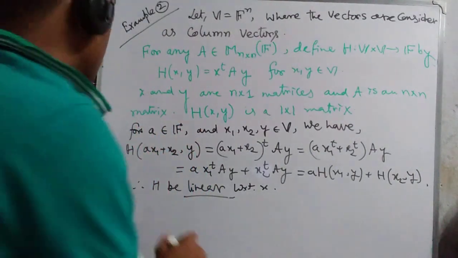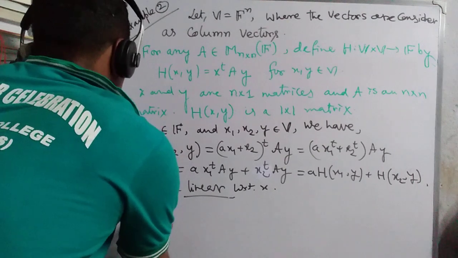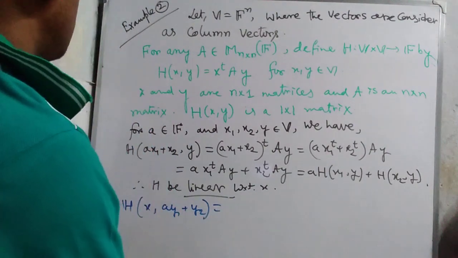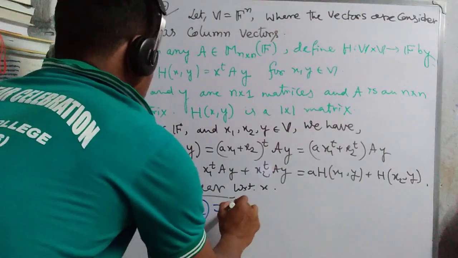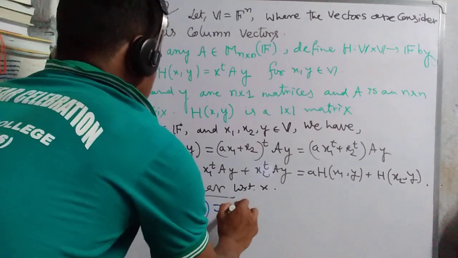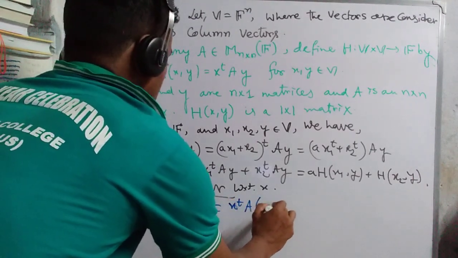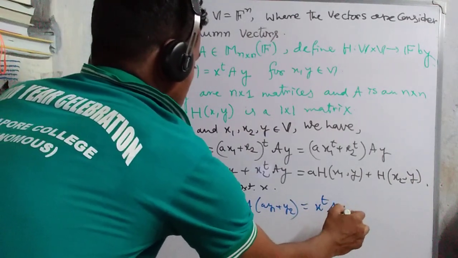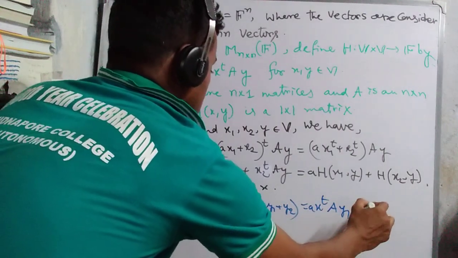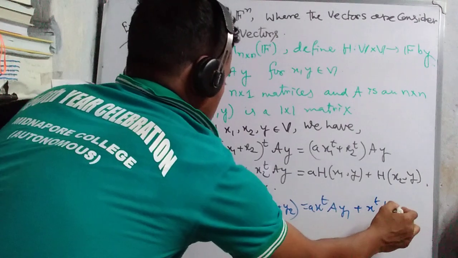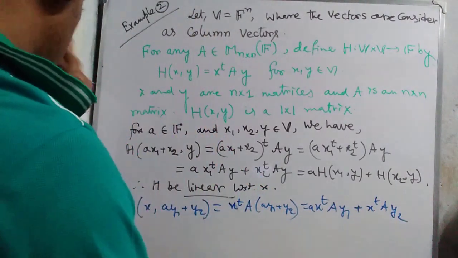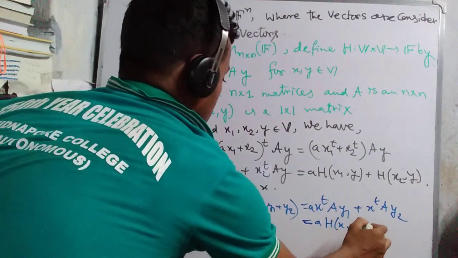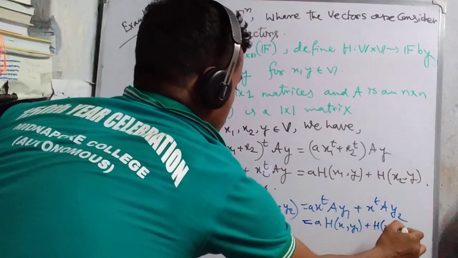Now we also discuss similarly: h of x, y1 plus y2 equal to x transpose A (y1 plus y2), which is x transpose A y1 plus x transpose A y2, that is h(x, y1) plus h(x, y2).